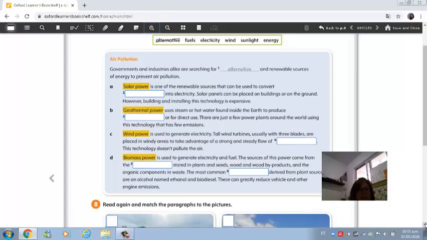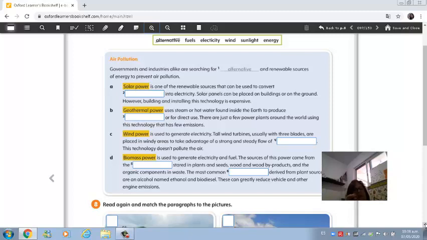Okay, B says geothermal power uses steam or hot water found inside the earth to produce electricity or for direct use. There are just a few power plants around the world using this technology that has few emissions.